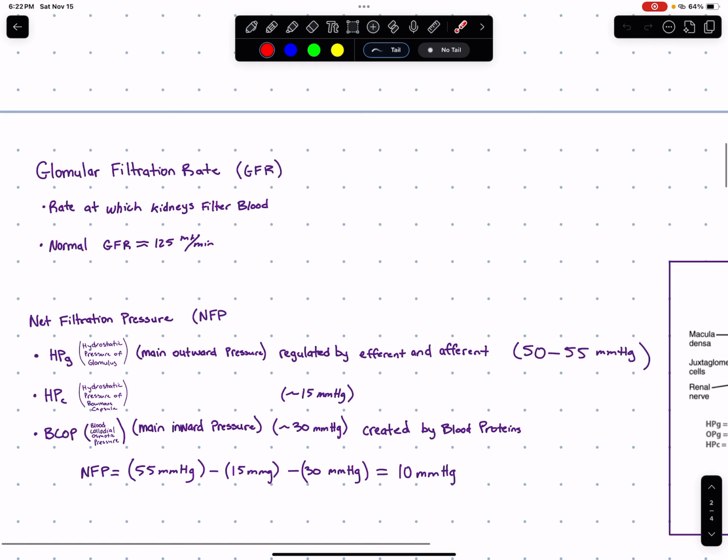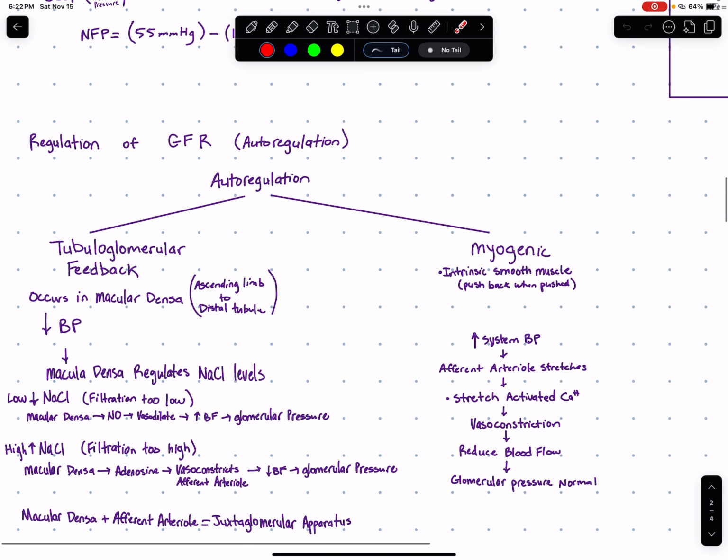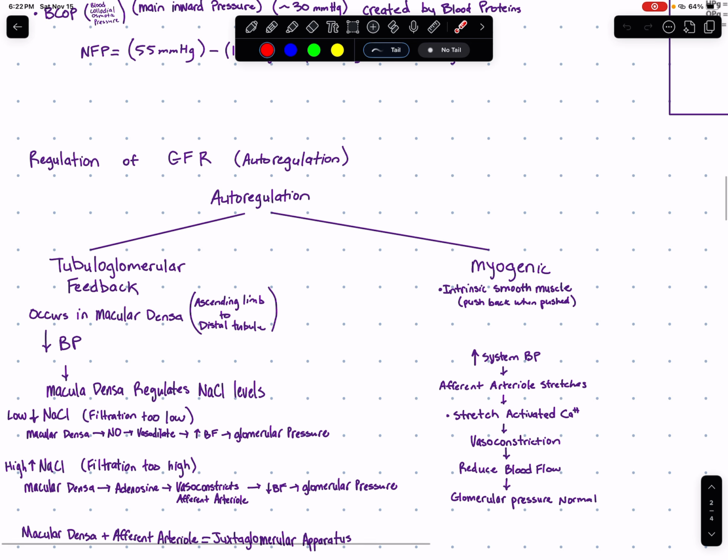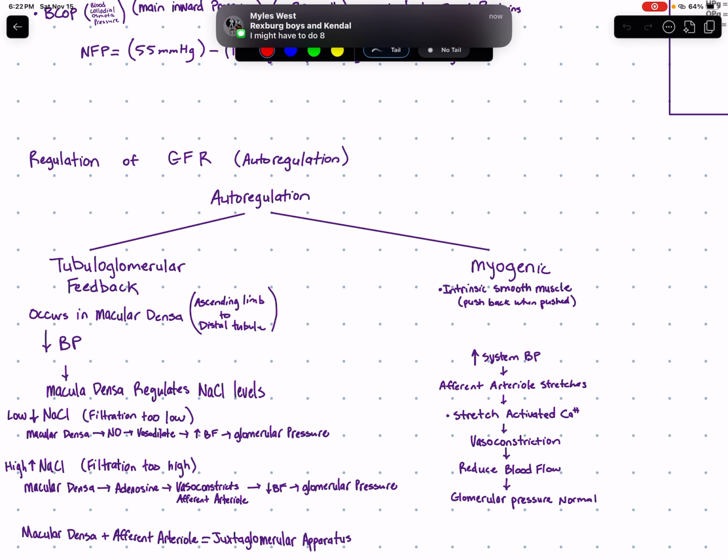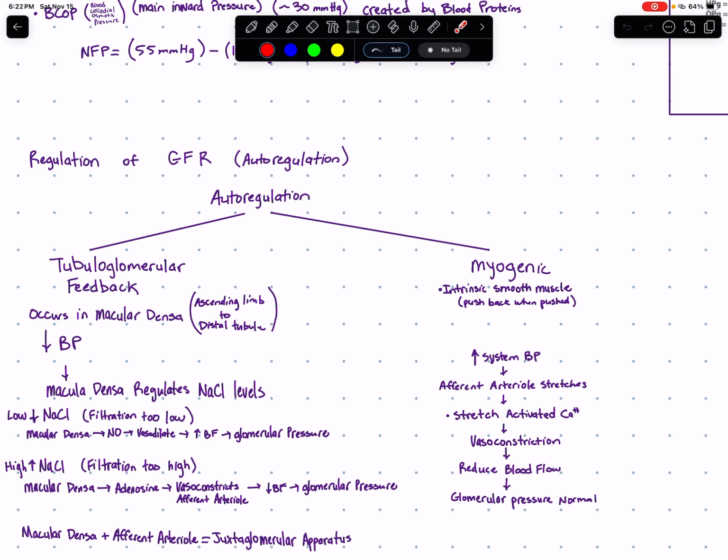GFR, which is the rate at which your kidneys can filter blood, is regulated in two ways: through tubuloglomerular feedback and myogenic feedback. Tubuloglomerular feedback occurs in the macula densa, which is in between your ascending limb and your distal tubule.